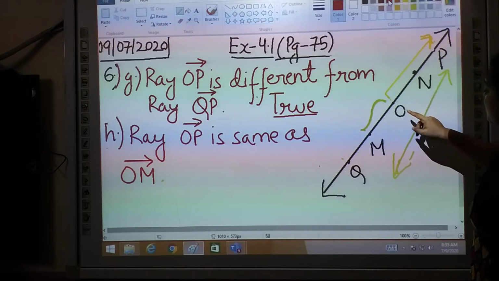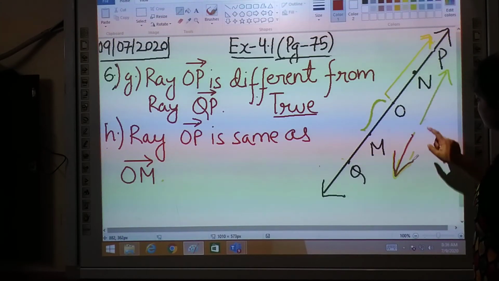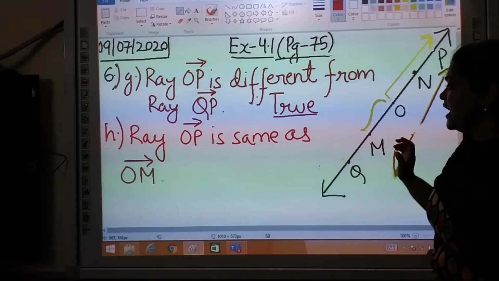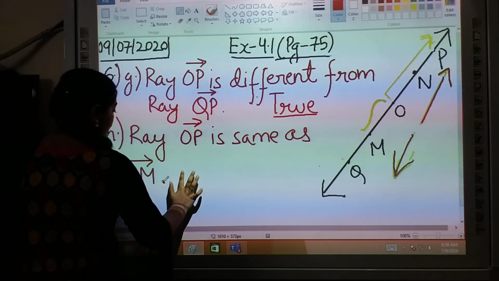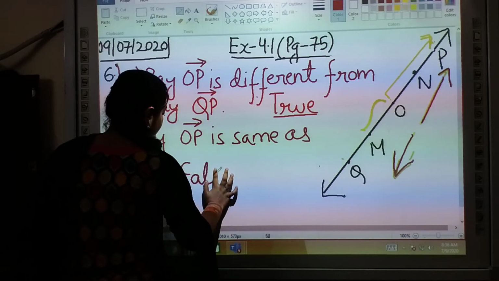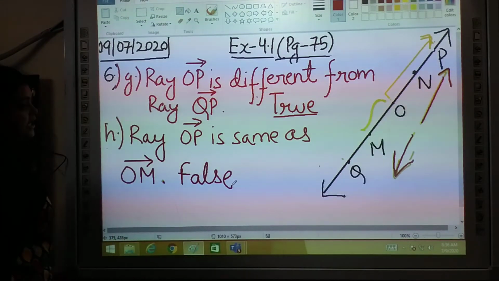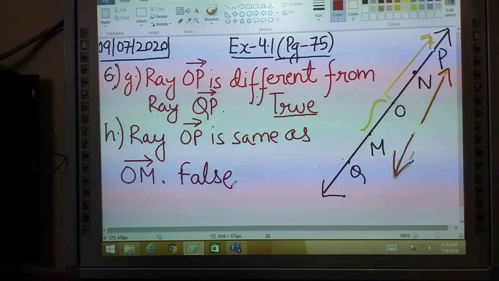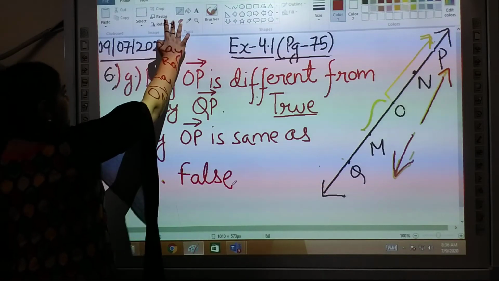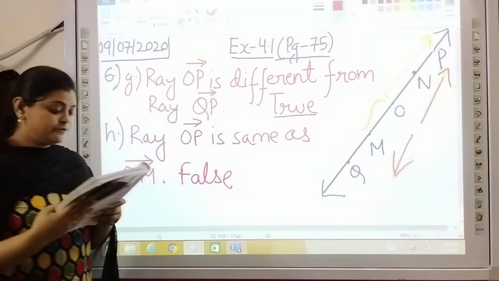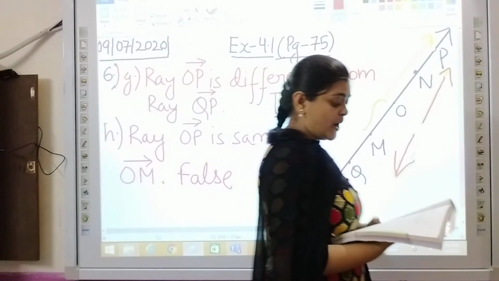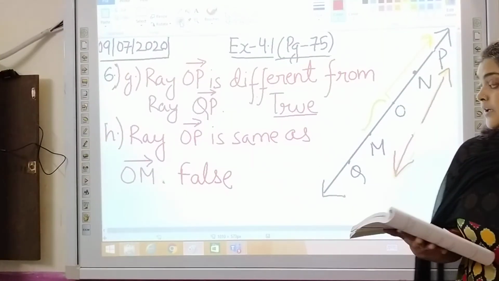OP is going here and OM is going here, so the direction of these two rays are different, hence they are not same. So the statement is false. Why? Because the direction of these two rays are different.